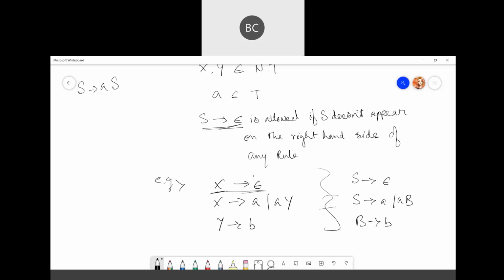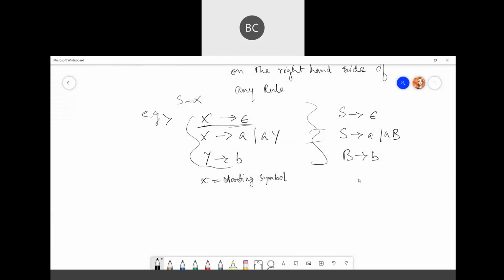For this production, maybe X is the starting symbol, then you can write S is the X here. Since it's easier to read that S is the starting symbol, we always use the alphabet S, but it's not a convention. You can use X, Y, Z, any symbol as a starting symbol. You just have to mention that maybe X equal to S. This means starting symbol for the particular grammar.